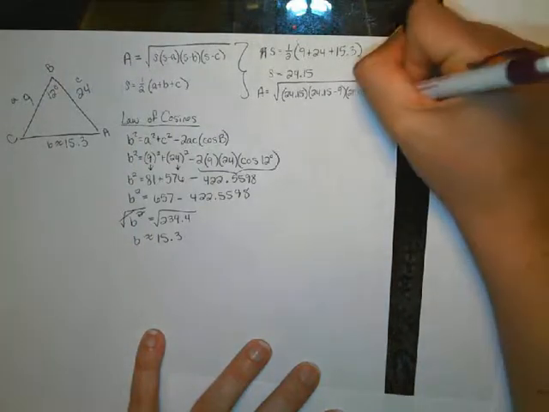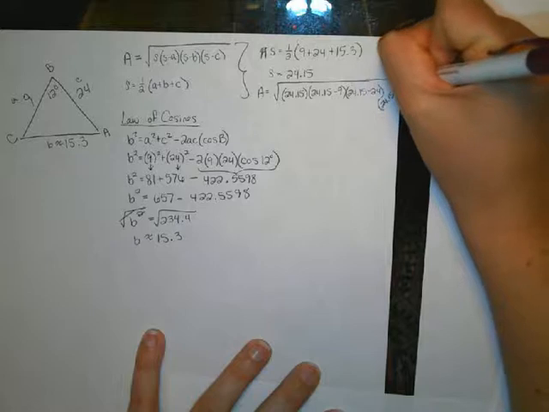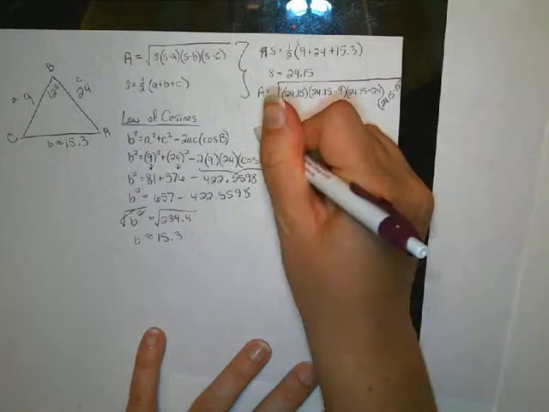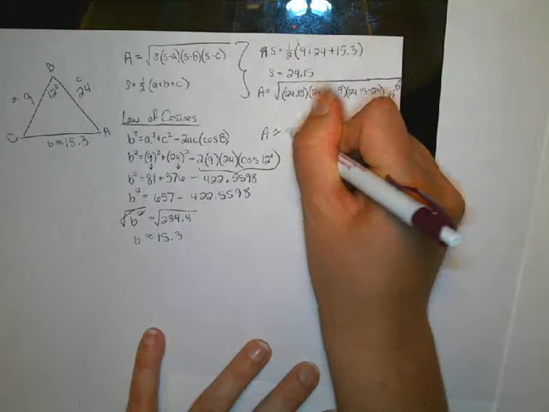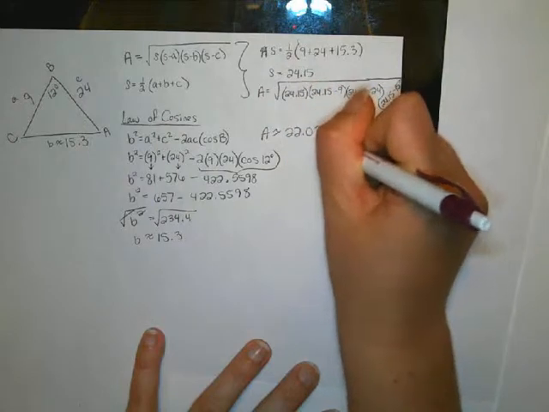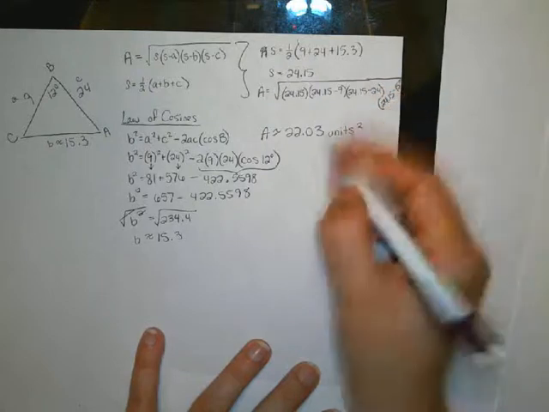Sorry if you can't see that. That says 15.3. Plugging all this into a calculator, you get area is approximately 22.03 units squared. And it says to the nearest 10, so 22.0 is fine. So that was number 8. Lots of work.